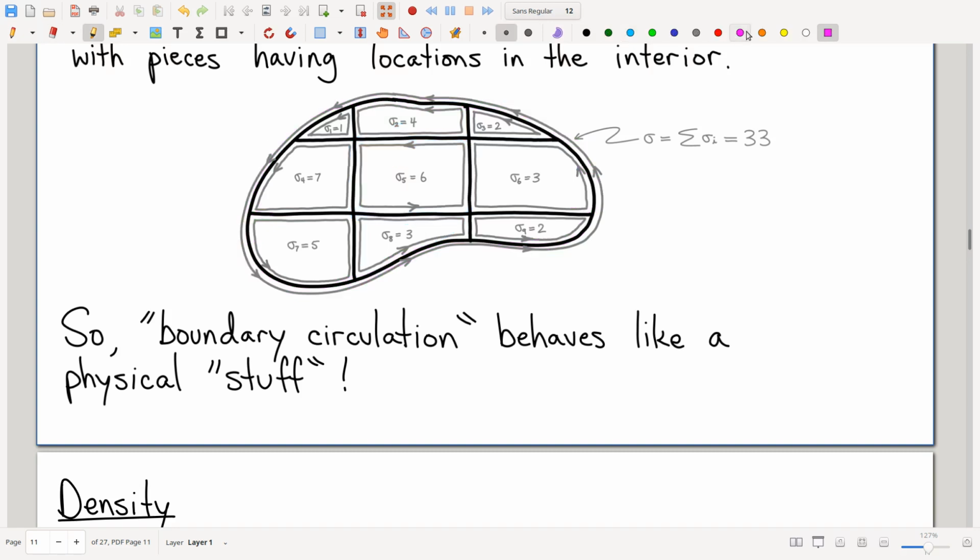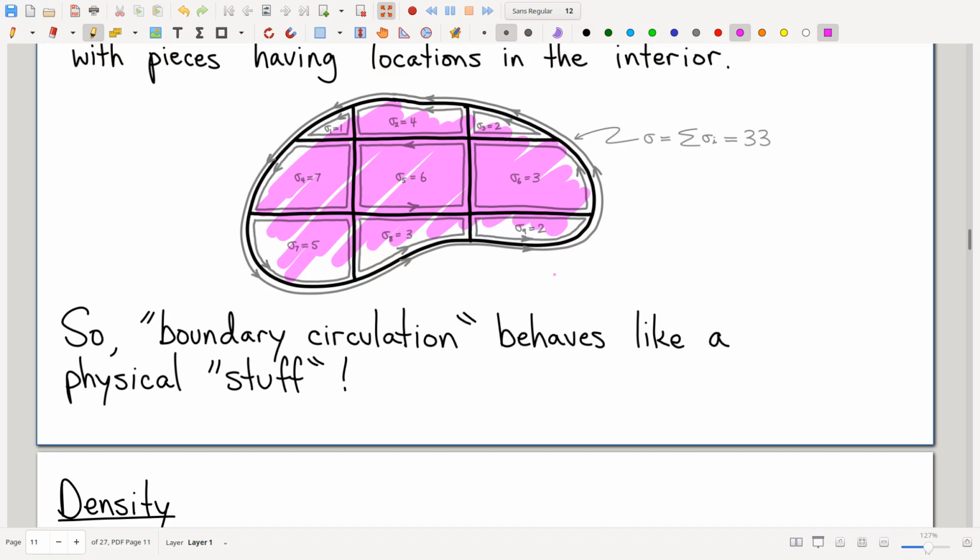When I talk about the boundary circulation being this, don't forget, what I'm really doing is talking about that as being the boundary of this whole. I know we like to draw pictures about where the computation is actually performed, but boundary circulation is a feature of this solid, this whole region.